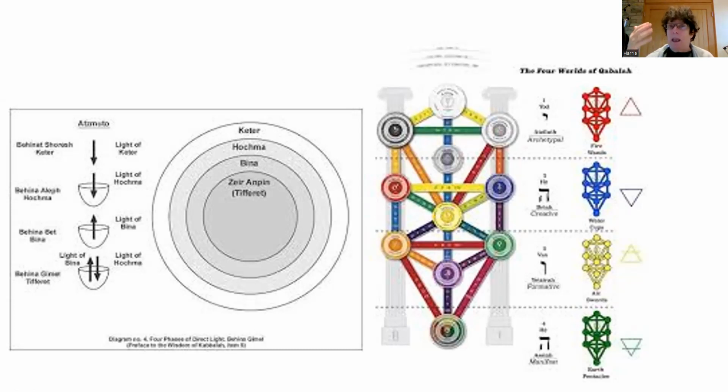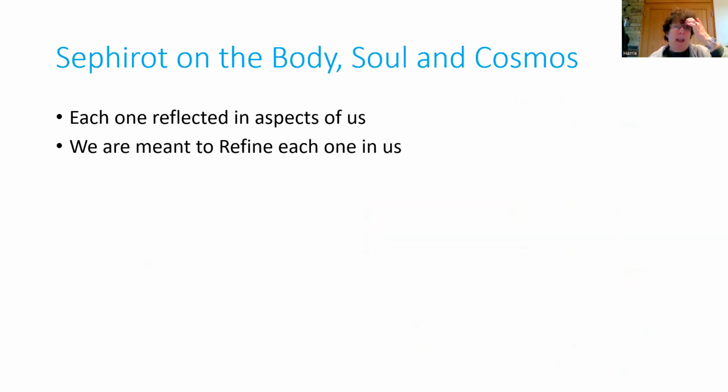You're doing the right thing, and when you do the right thing, it goes upwards as well. So there's this two-way chat going on all the time. You affect the universe, basically. And quantum physics would say the same thing. You affect the universe.